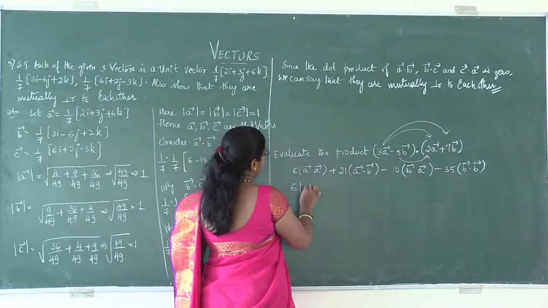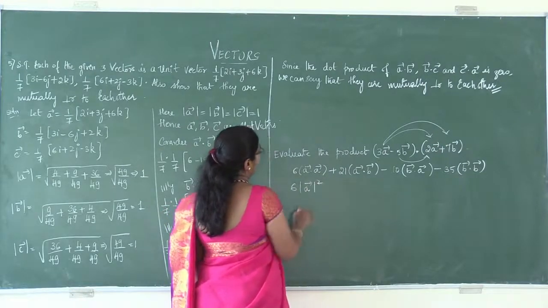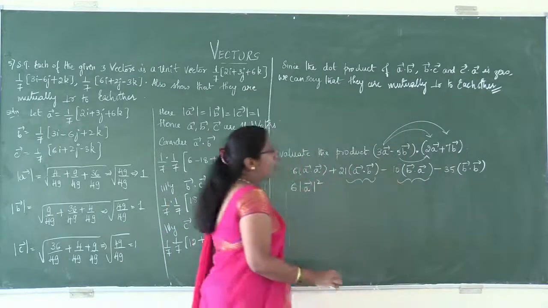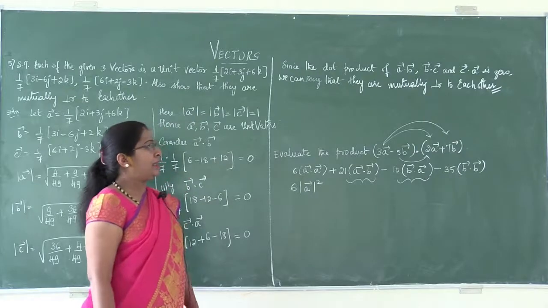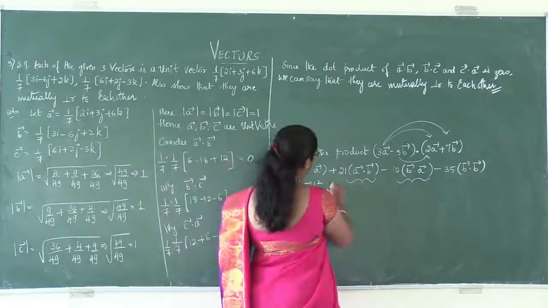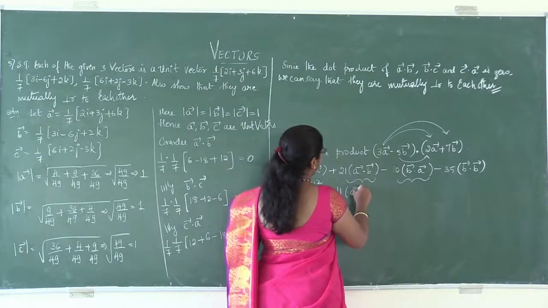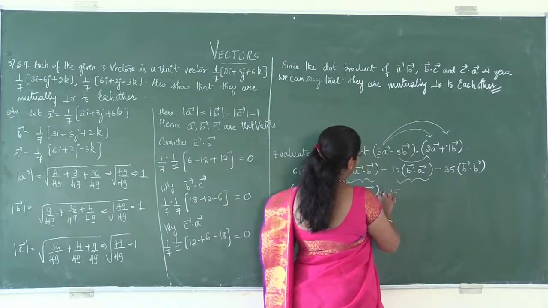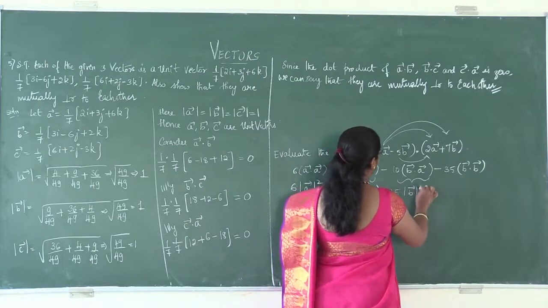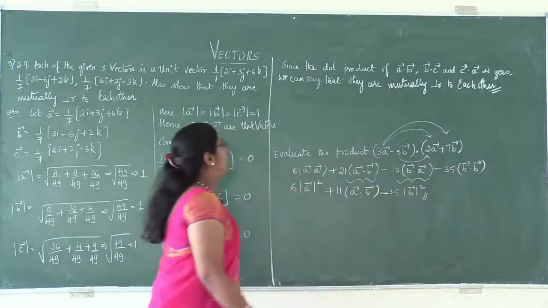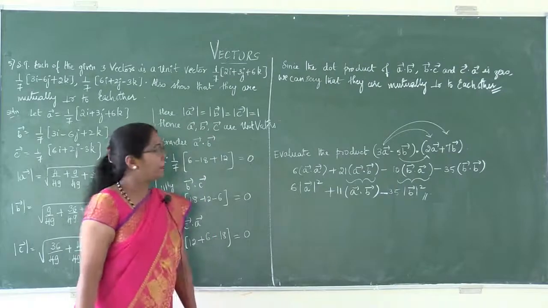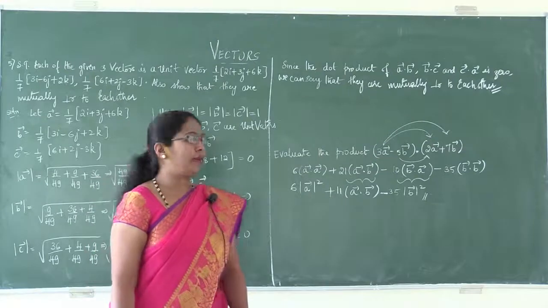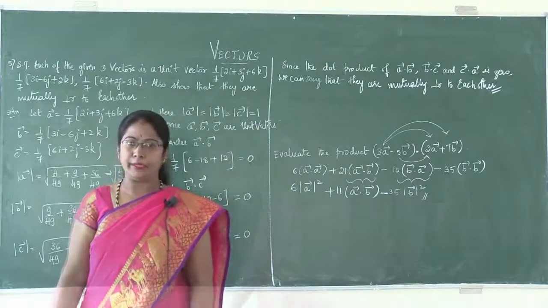So, this can be written as magnitude of vector A square. Dot product is commutative. A dot B is equal to B dot A. So, 21 minus 10 will be 11 times vector A dot vector B minus 35 into magnitude of vector B square. This is the product of 3 vector A minus 5 vector B dot product with 2 vector A plus 7 vector B.